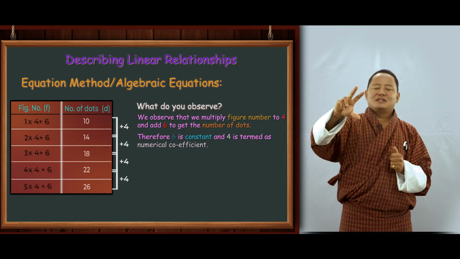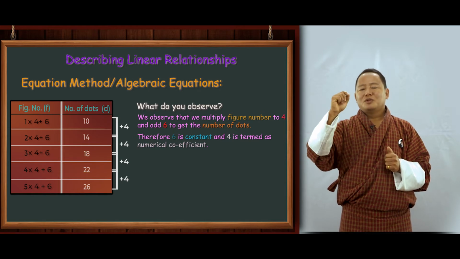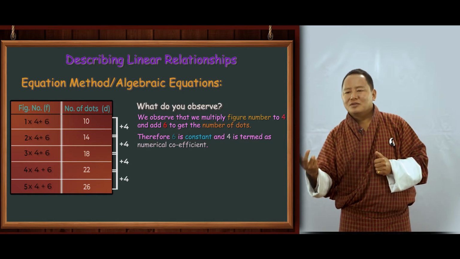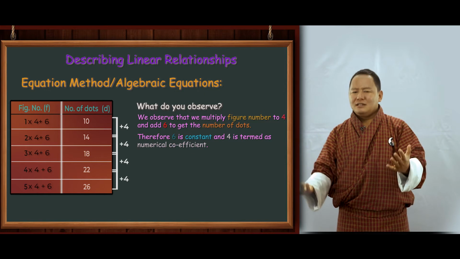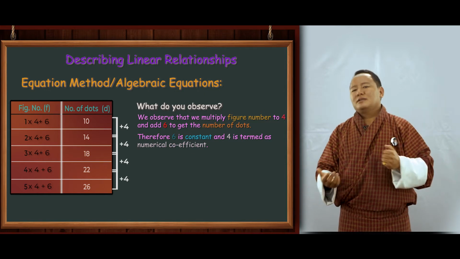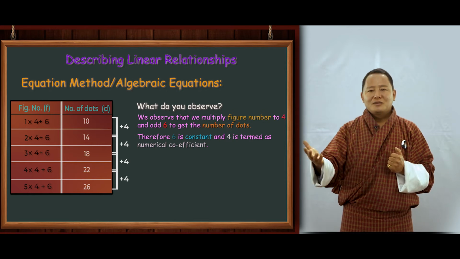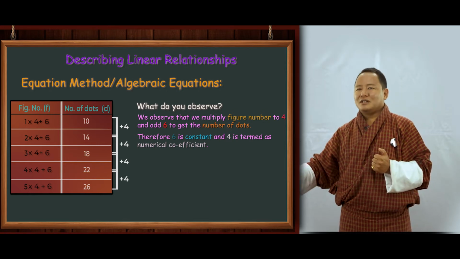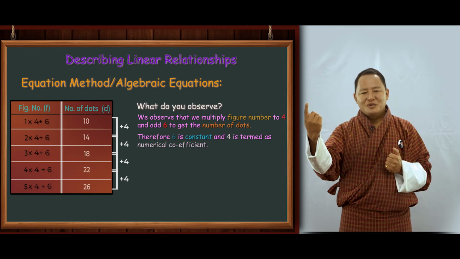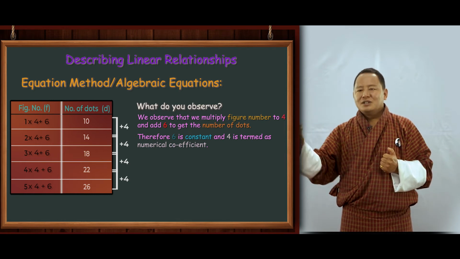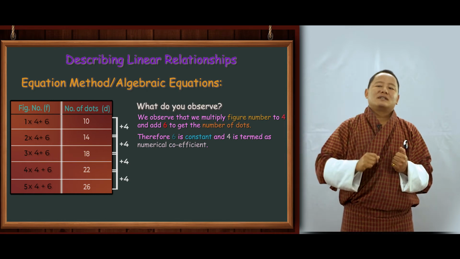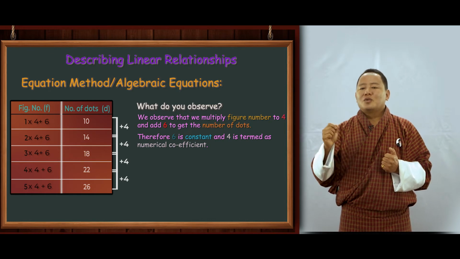But the difference, that is 4, should always be multiplied. So therefore we say the figure number can be any number. In this table it is given only up to 5, but if somebody asks you to calculate the number of dots in the n-th figure, now n, we don't know, right? So it's a variable.